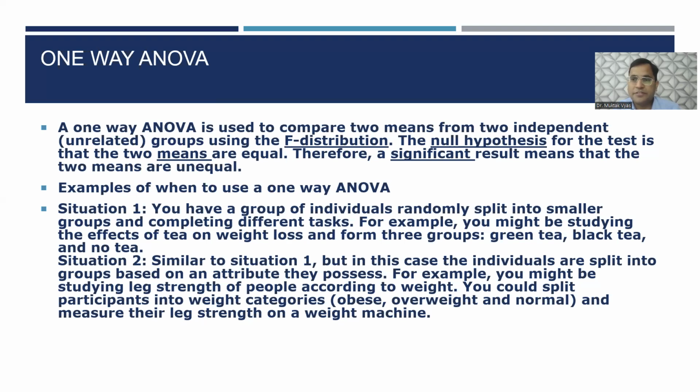Examples of when to use a one-way ANOVA. Situation 1. You have a group of individuals randomly split into smaller groups and completing different tasks. For example, you might be studying the effects of tea on weight loss and form three groups: green tea, black tea, and no tea. Now we have the second situation.